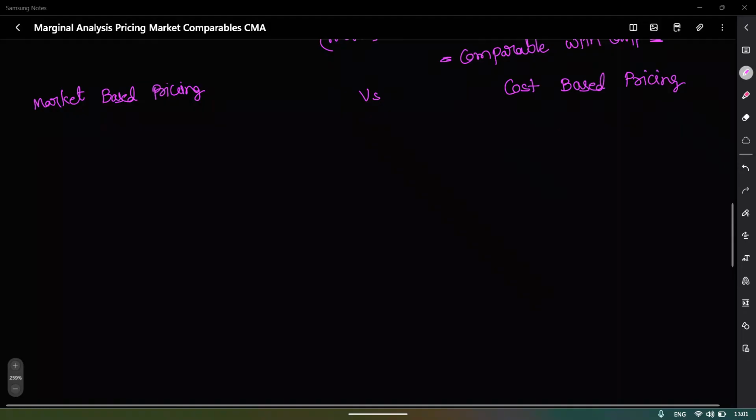Now the comparison between these two: both approaches can be used in markets characterized by product differentiation. If you are going for market based pricing, start with the prices established by the market, so market prices need to be considered.